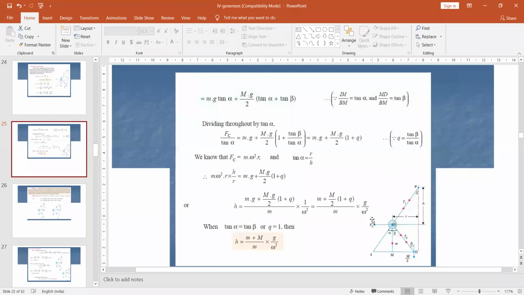This is the relation between h and N. Similarly you may also substitute the same value: capital N square equals small m plus capital M by small m into 895 by h. So that is also there.